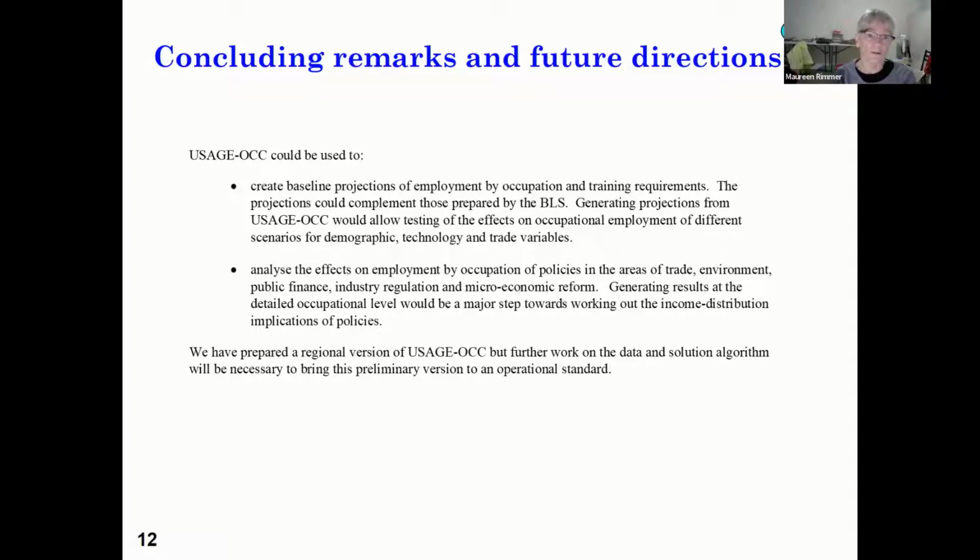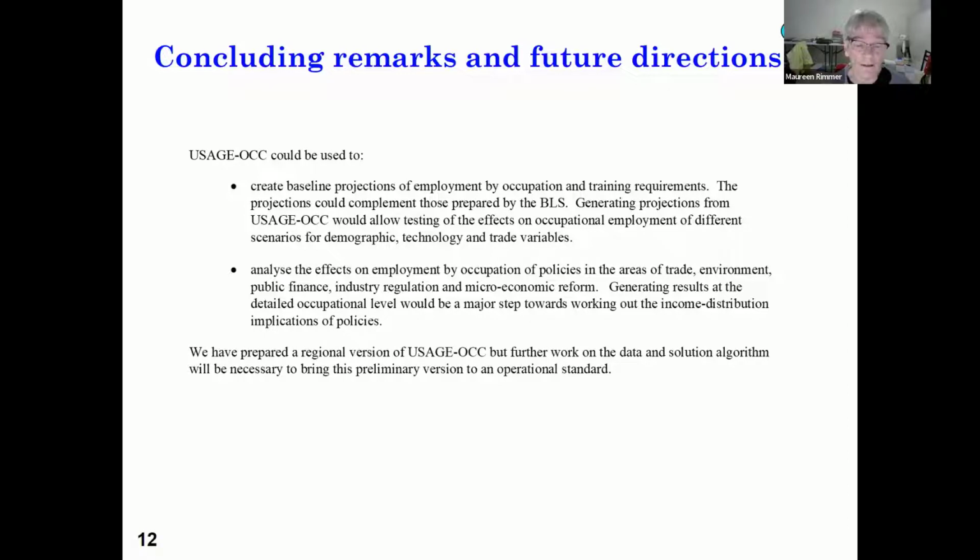Another thing USAGE-OCC could be used to do is to analyse the effects on employment by occupations of policies in trade areas, environment, public finance, etc. Generating results at a detailed occupation level would be a major step towards working out the income distribution implications of policies.